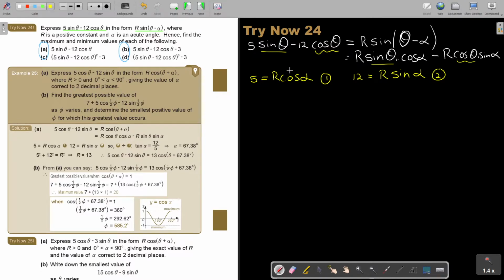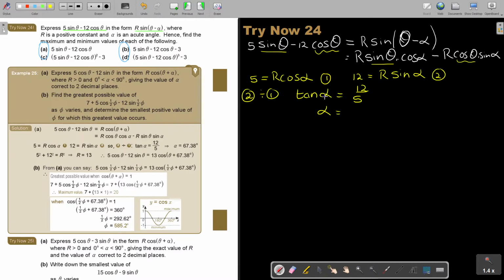And then I'm going to say now, in this case, 2 divide 1, and I'm going to go to that directly. So tan alpha, it's 2 divide 1 to get tan, and then it's 12 over 5. Okay, and then I press on my calculator.